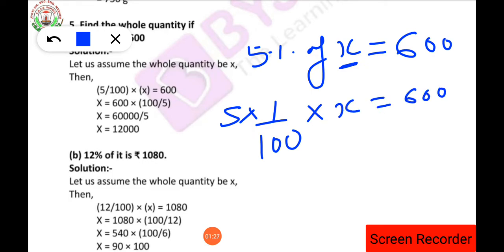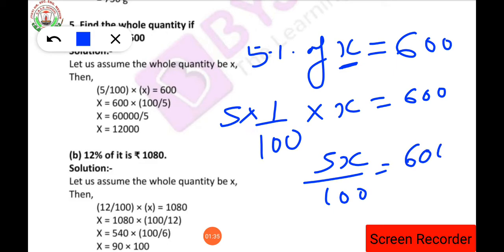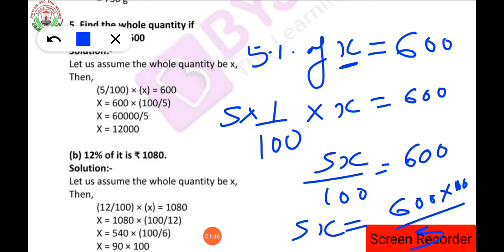We will have this equation. So 5 into x will be 5x upon 100 is equals to 600. Now after that we have to find the value of 5x is equals to 600 into 100 upon 5, since we want to find the value of the whole quantity, that is x.